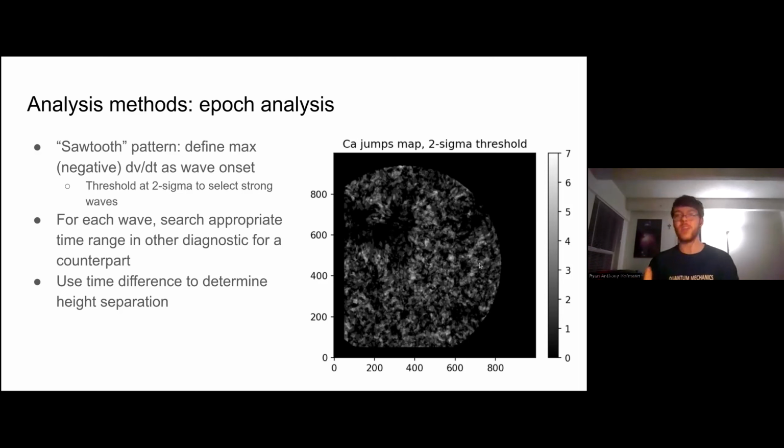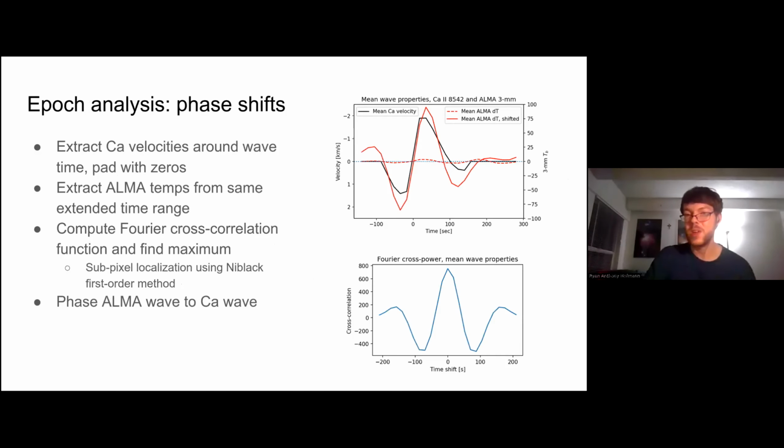And for each of these identified waves, you search the nearby time range in the band 3 temperature oscillations for a suitable counterpart and use the time difference to determine the height separation.